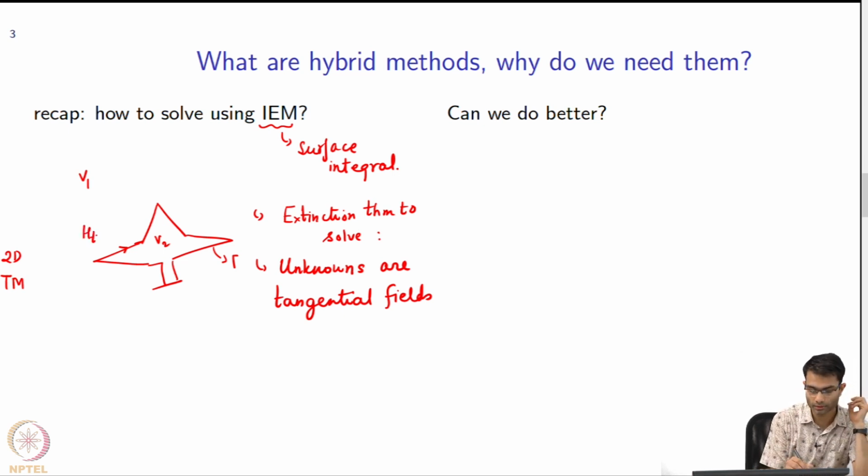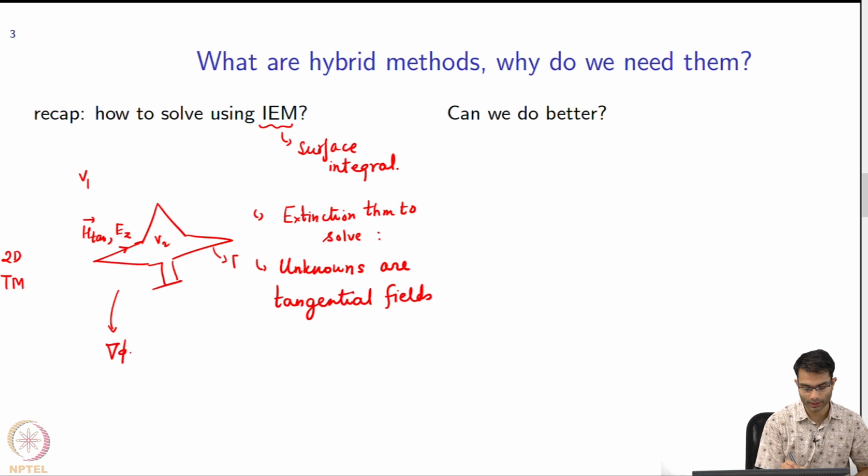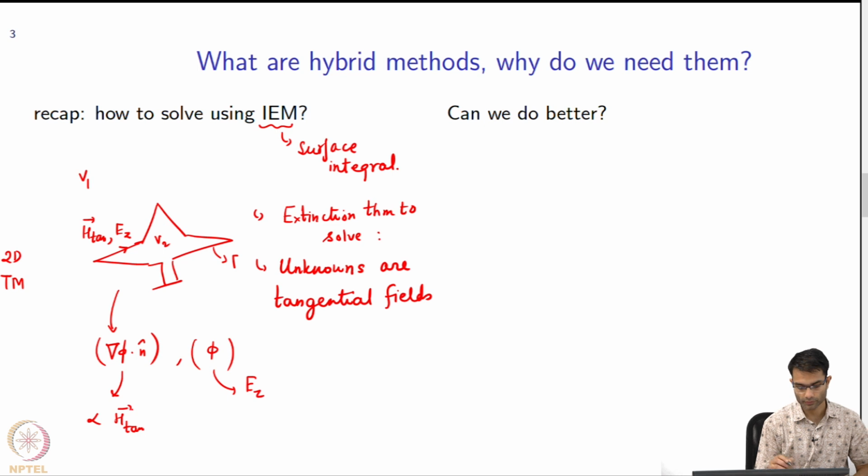There was an h tan, which is a vector, and an Ez. These are the two unknowns. Remember, if you recall the surface integral equations, my variables back then were grad phi dot n hat and phi. These were my two unknowns. Phi was my Ez and the other was proportional to h tan. We had worked it out. These were my two equations.